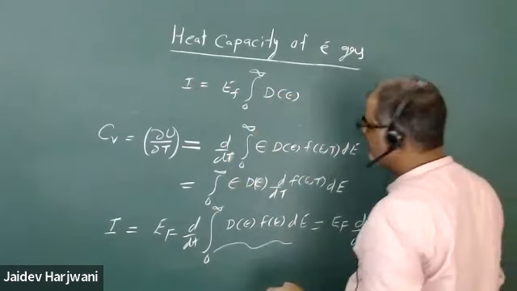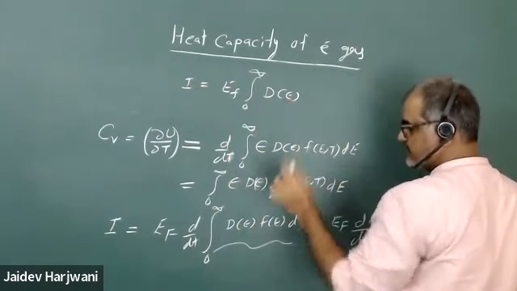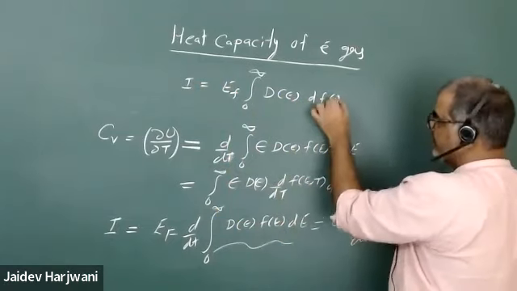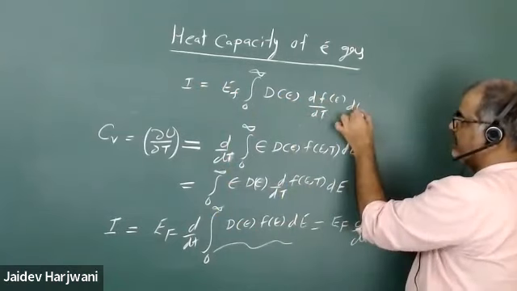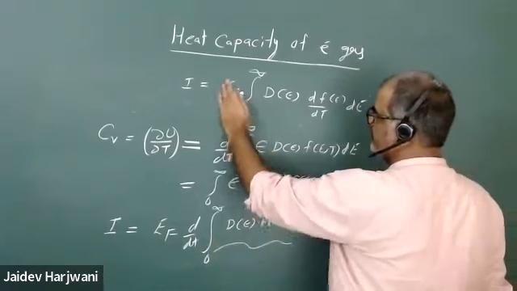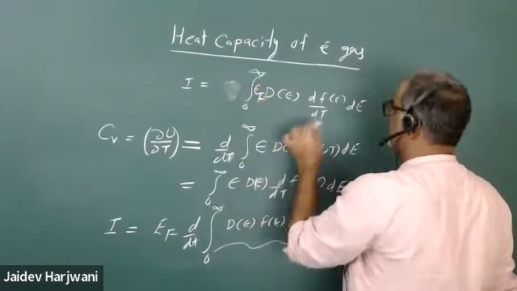You can also take out dE, because now I will use states only at the Fermi level. EF is a constant, so if you want you can bring it inside as well, and this value is 0.